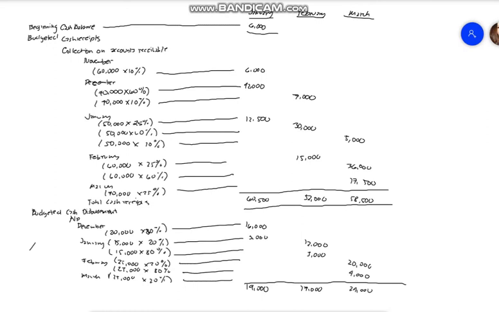So this is the total AP cash payments. Please remember this one. Okay, so I'm going to erase everything, so back from square one.